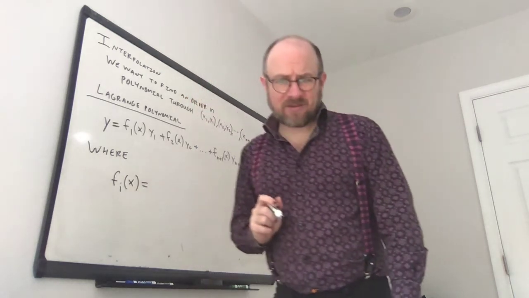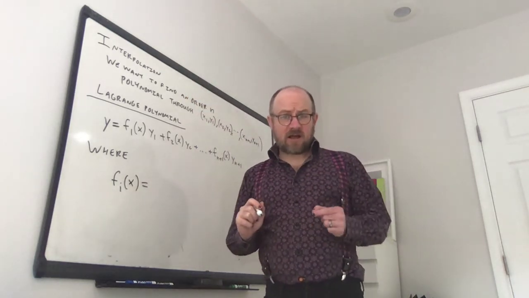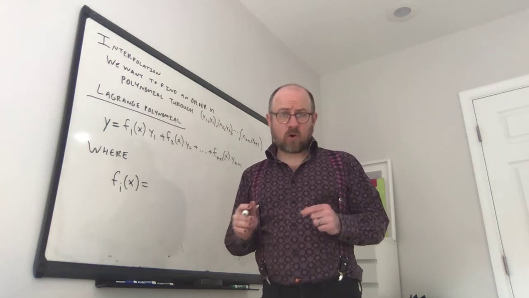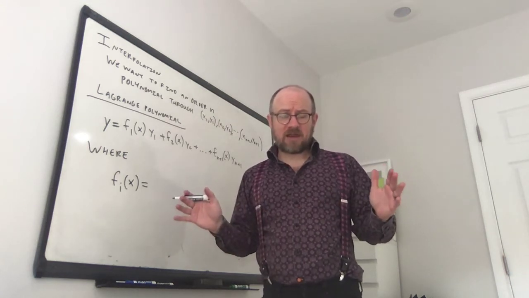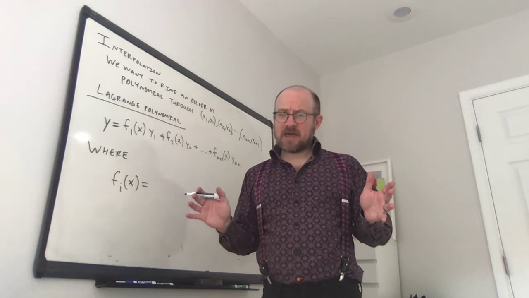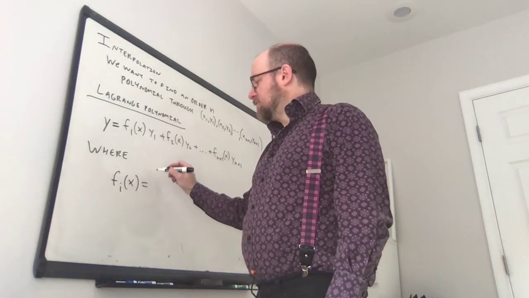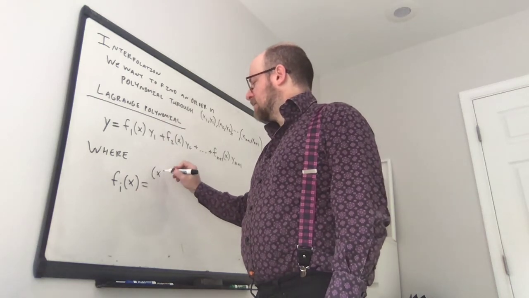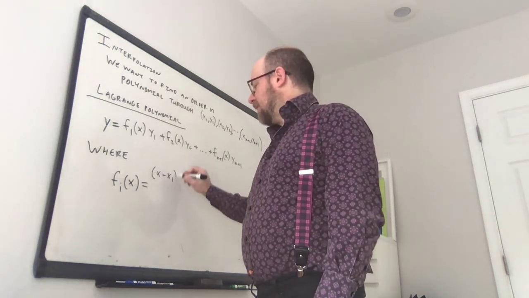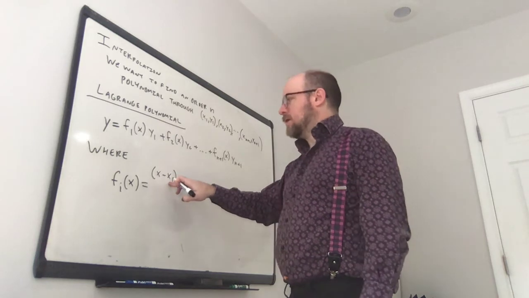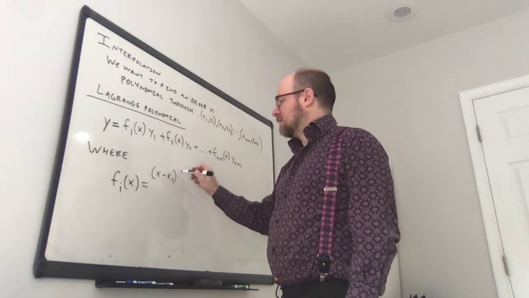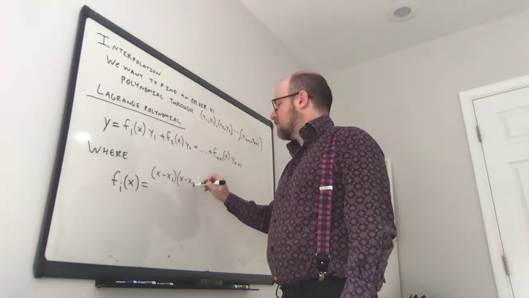and I'm going to write down this definition. It looks very complicated. Okay, I will warn you, it's going to look very complicated, but I'm going to explain to you how you do it, and it's actually not that bad. Okay, so on the top, we're going to have a bunch of terms that have x minus each value. So x minus x1, x minus x2.